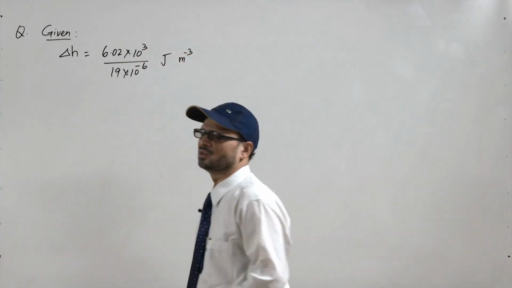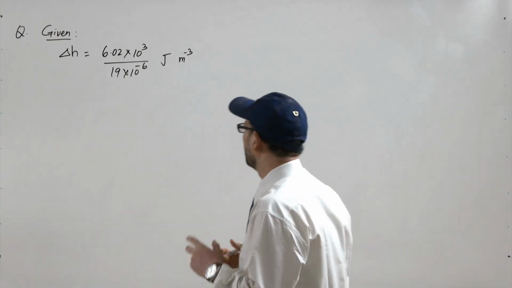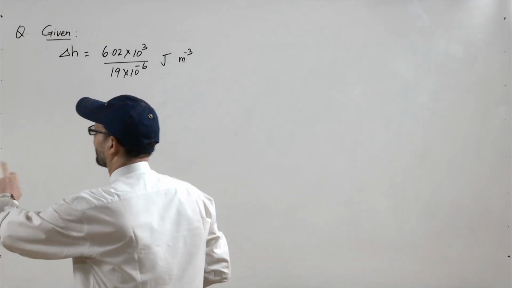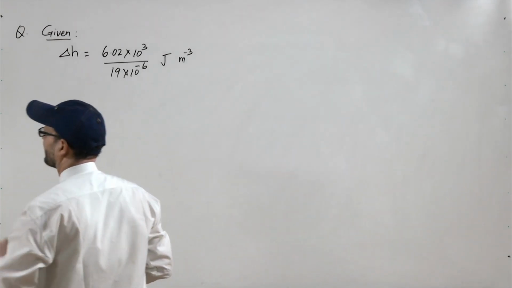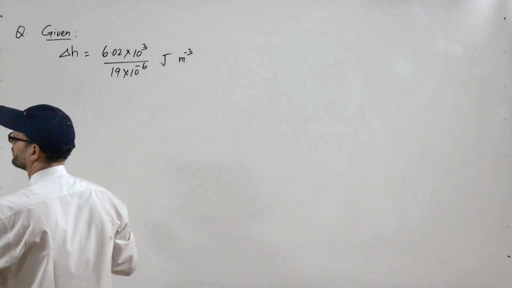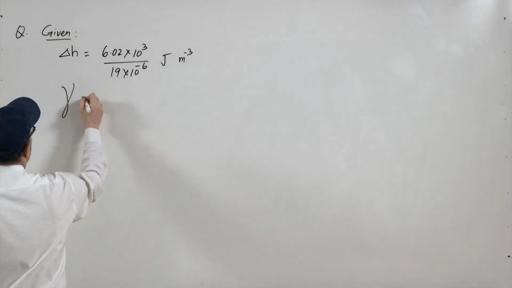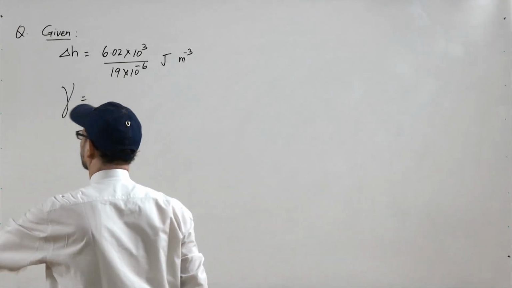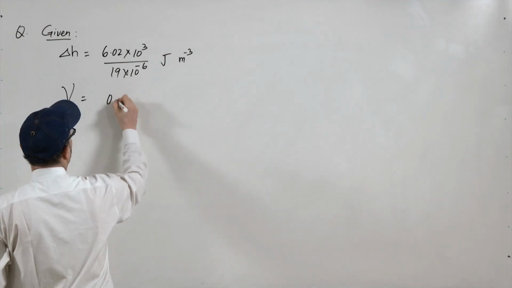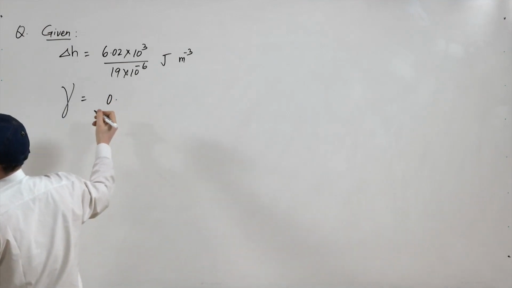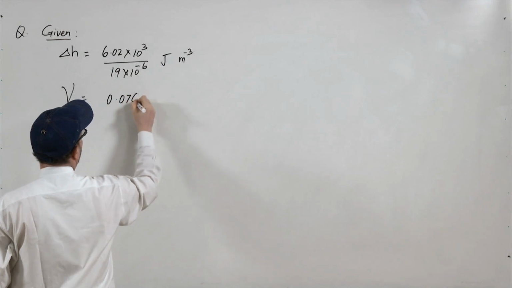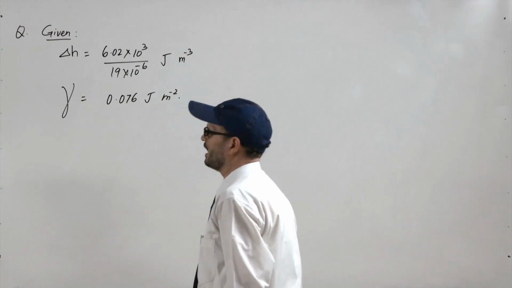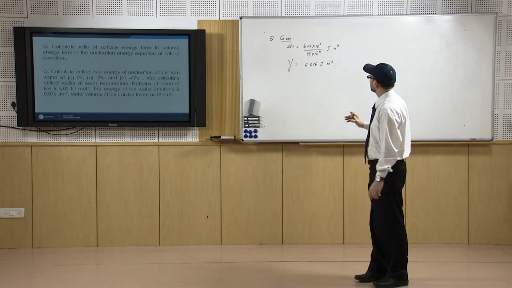This is how we have to convert the unit of delta H. Then we are given the interfacial energy, that is gamma, and this is given as 0.076 joule per meter square. So, these are the data which are given.